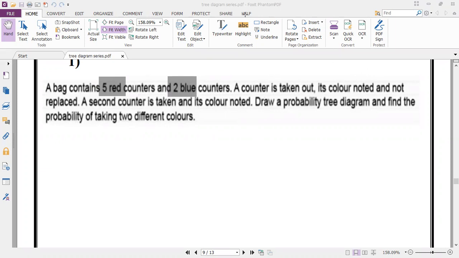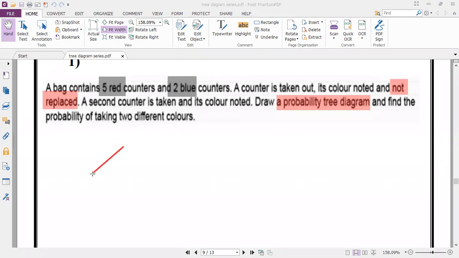Because they are not replaced, they are dependent events. A second counter is taken and its color noted. Draw a probability tree diagram. Then find the probability of taking 2 different colors.